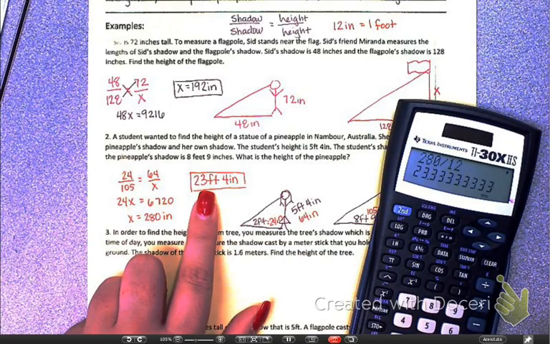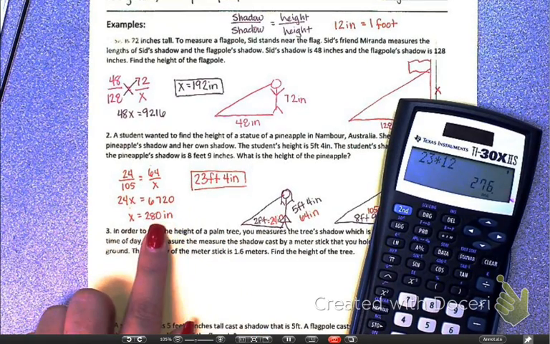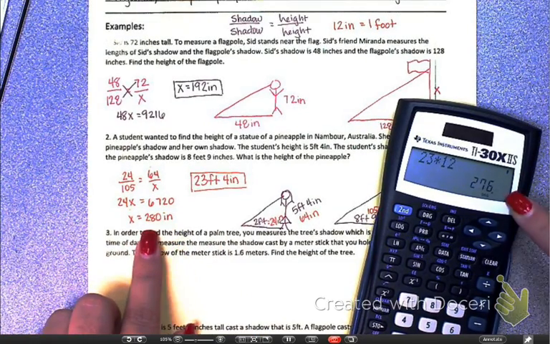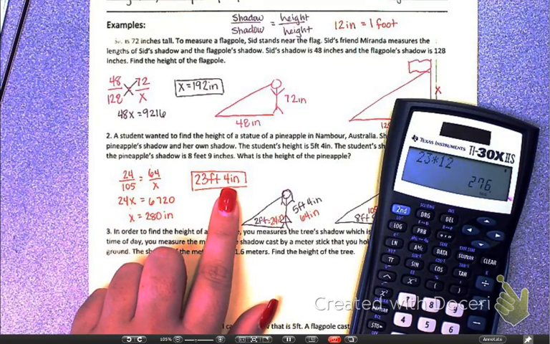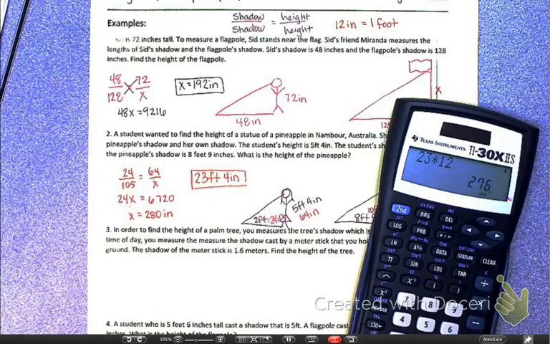I need to figure out how many inches 23 feet is. So 23 times 12 gives me 276. Well, I had 280. So 280 minus that 276 is 4 inches. Okay, so that decimal is not your inches. You actually have to figure out what that conversion is. Are we okay with that?